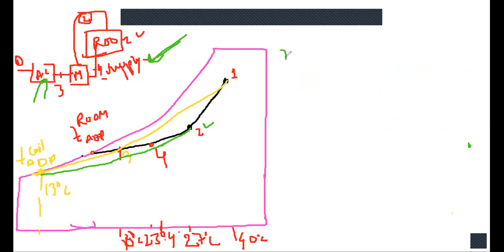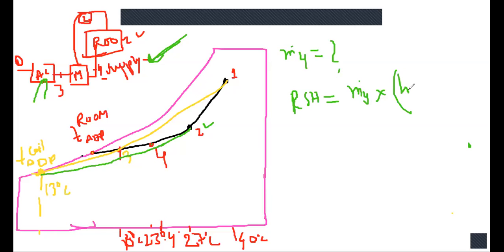Amount of makeup air. Suppose the supply point is M4, makeup air. This we have to calculate. First of all, room sensible heat. Room total sensible heat is the mass flow rate of supply to the room into the enthalpy drop between room and before room.